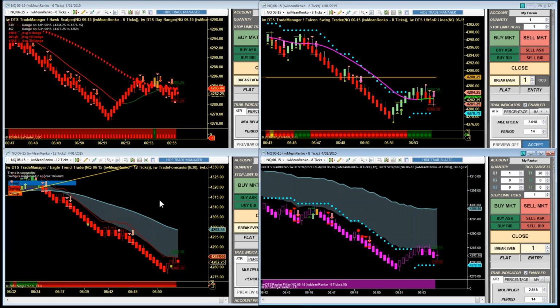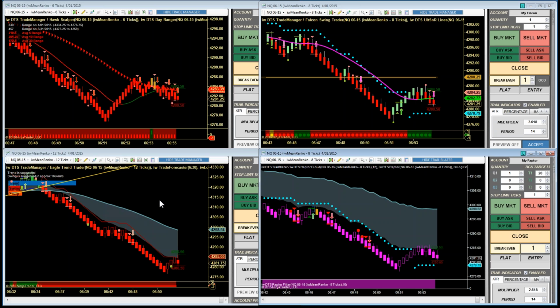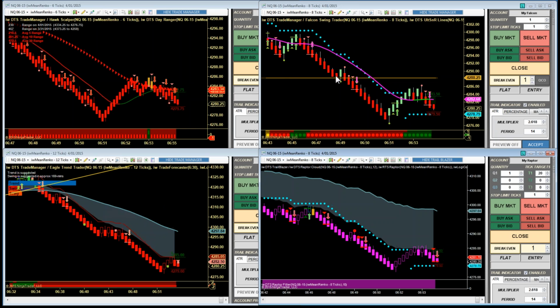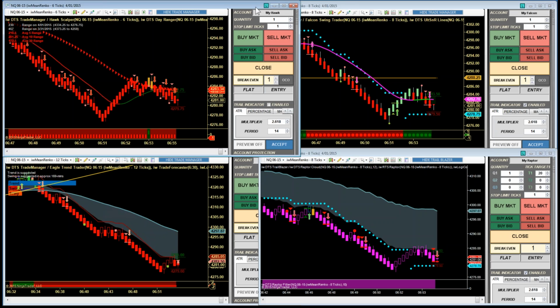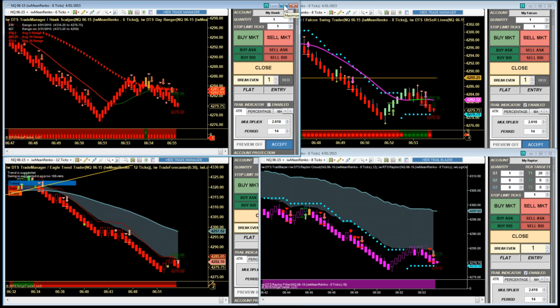If you're trading the E-mini S&P, that's, what is that, 16 or 32 ticks. If you're here on the Falcon Swing Trader, our high probability profit target is $100 per contract. And here on the Eagle, or pardon me, the Hawk, it is $50 per contract. And again, you would adjust that per instrument.